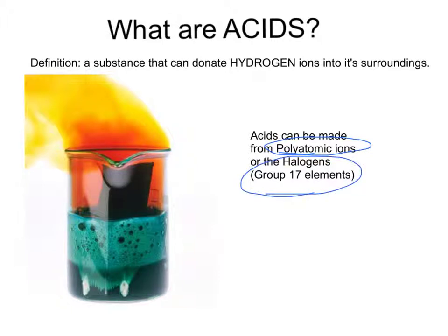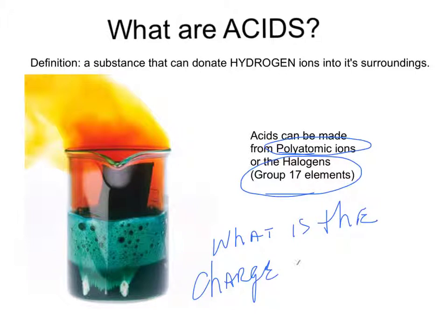And all we're going to do is look at those elements or those polyatomic ions, and determine, very importantly, what is the charge on the anion. Once we have that determined, then it's very simple. All we have to do is add hydrogens to balance it out.